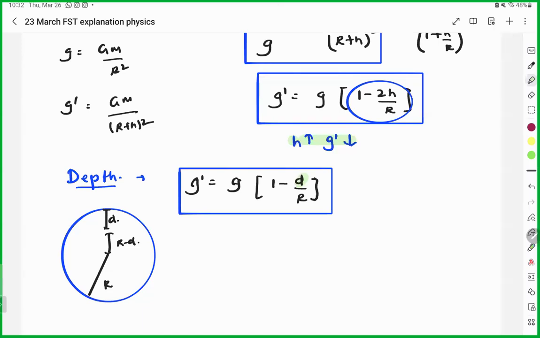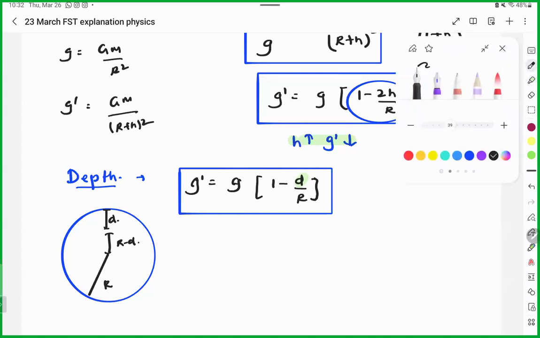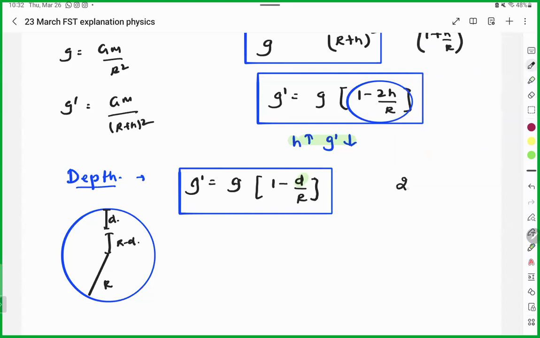Correct? If you compare these two, then you will correlate 2h is equal to d. What does it mean? It means if you increase depth by 1 kilometer, gravity will reduce the same as it reduces if you increase height by 2 kilometers.